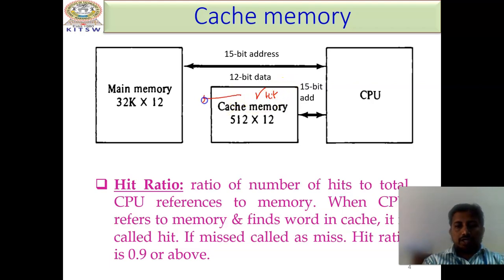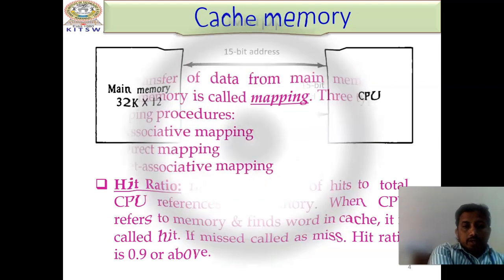If it is not found in the cache, then it refers to the main memory, which is a miss. Usually a miss occurs when referring to the main memory, and a hit occurs when referring to the cache memory. The hit ratio is the ratio of the number of hits to the total CPU references to the memory. If the CPU refers to a memory and finds the data in the cache, it is a hit; if it is missed, it is a miss. A hit ratio of 0.9 or above is a very good one.